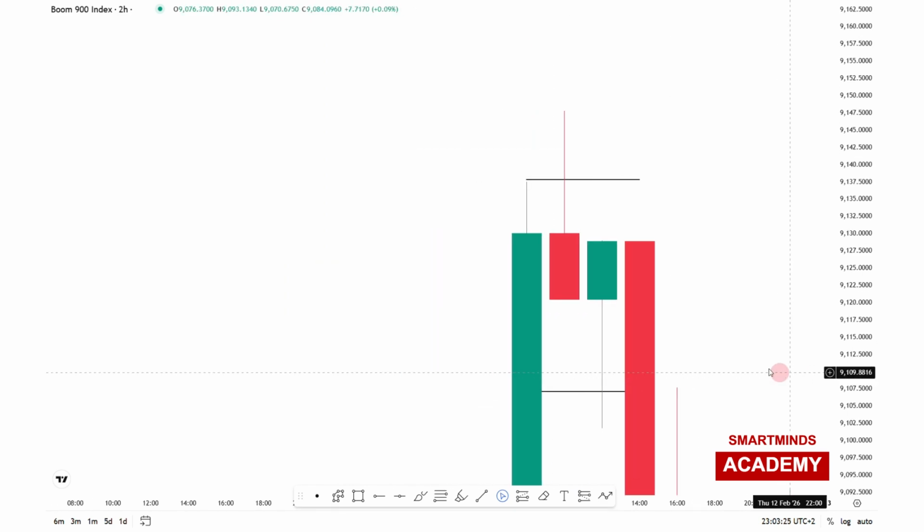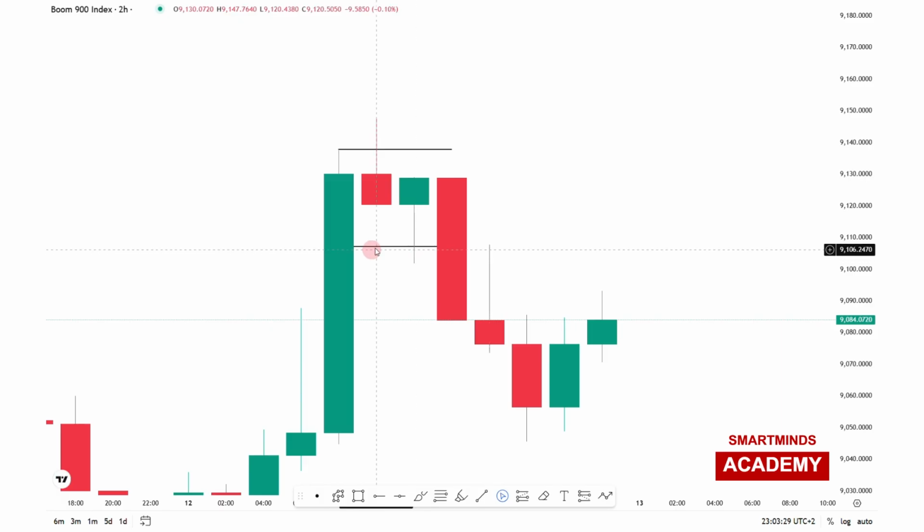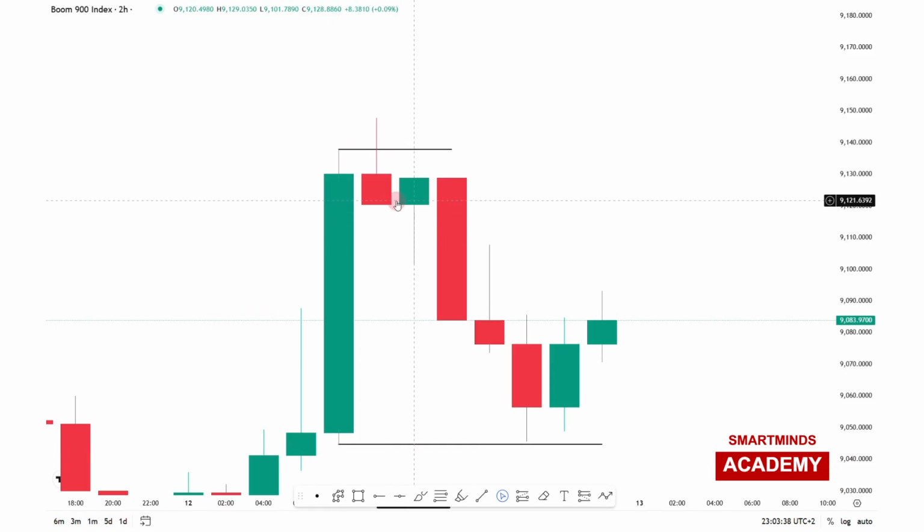Yes, it shows much better. Now the two hour gives you confirmation of the entry. Range low, CRT low, CRT high. Accumulation, manipulation, distribution. On the distribution candlestick here, there is a fair value gap. On this candlestick, a fair value gap.